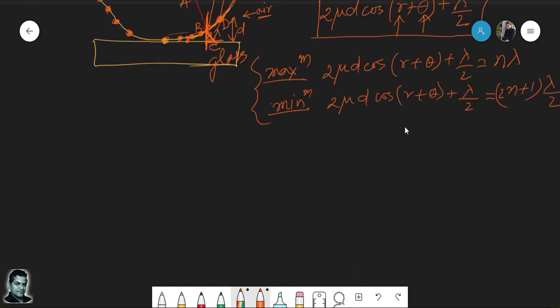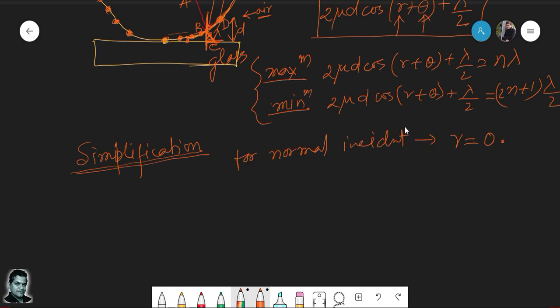Now let us simplify things a little bit. What are the simplifications? If the incident light is normal, then for normal incidence r is equal to 0. The incident angle is 0, so the reflection angle will also be 0. Then for a very thin wedge, theta would be very, very small, which happens when R is large.